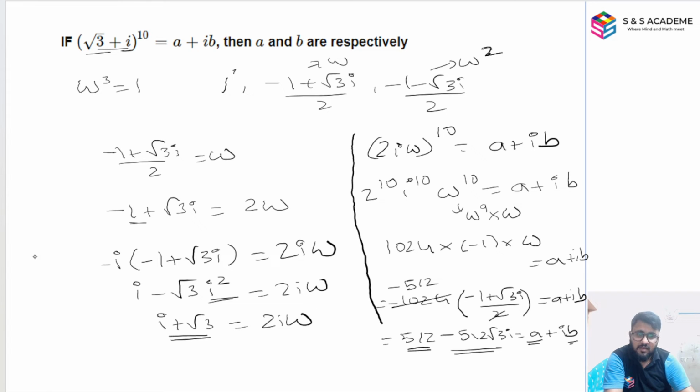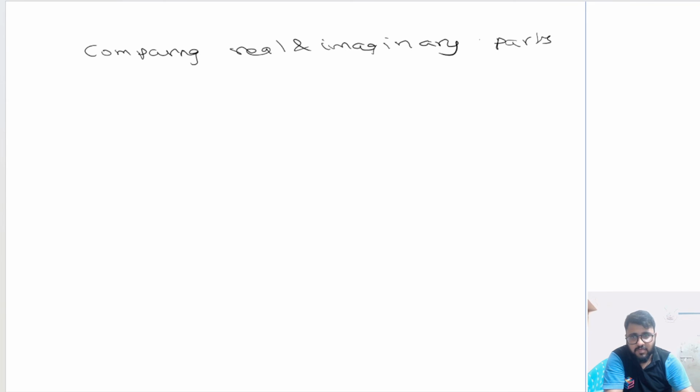Why do we get that? Because on comparing or equating real and imaginary parts. You have to know this as a highly used concept in complex numbers. You equate the real and imaginary parts a lot of times.